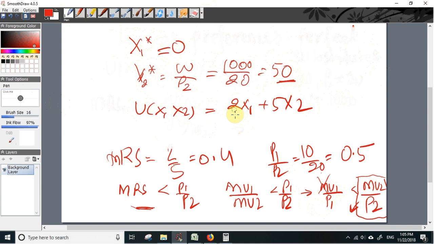So by purchasing 1 unit of x1, the marginal utility of the first commodity is 2, and the marginal utility of the second commodity is 5. So in this case, the marginal utility of the second commodity is more than double the marginal utility of the first.